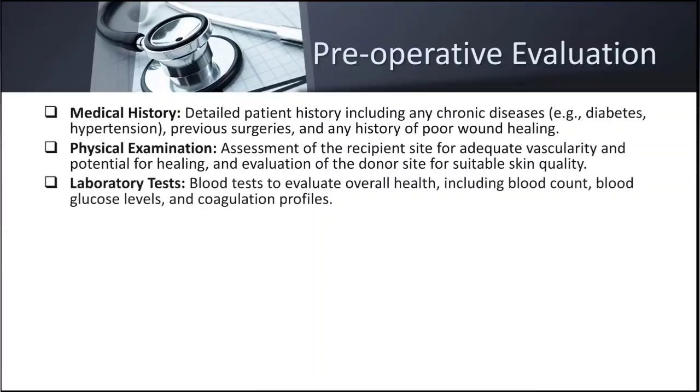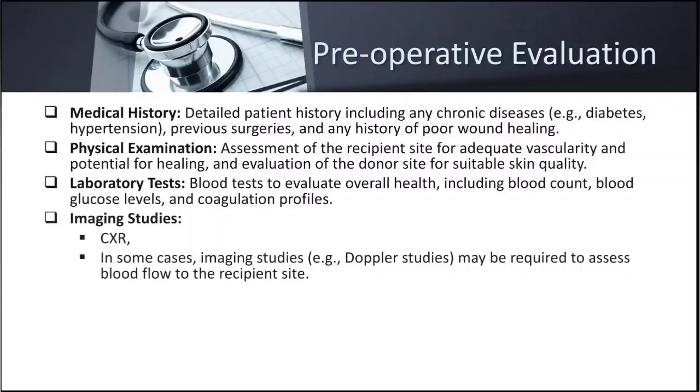Now, you do laboratory investigations, including full blood counts, blood glucose levels, coagulation profiles, depending on the underlying condition that the patient may have. And in imaging, you need chest X-ray. And in some cases, you may need Doppler studies. For example, if someone has chronic limb ischemia that results in an ulcer, you definitely need Doppler studies.